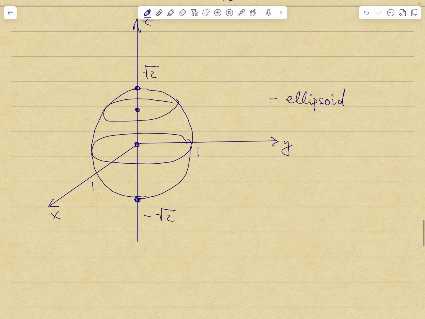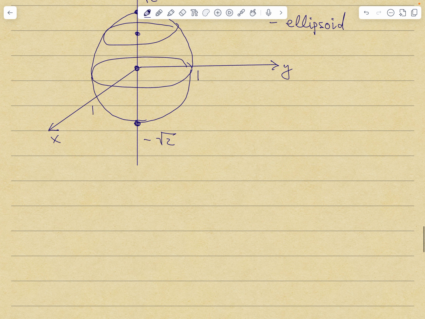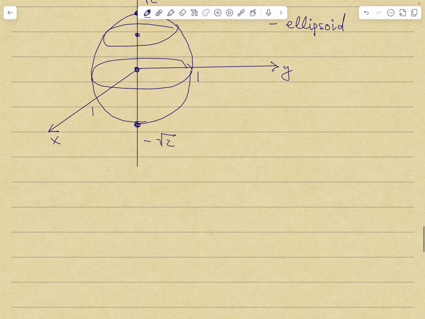So now let's do one more thing. Consider a cross-section of this by the plane, let's say, maybe x equal to 0.